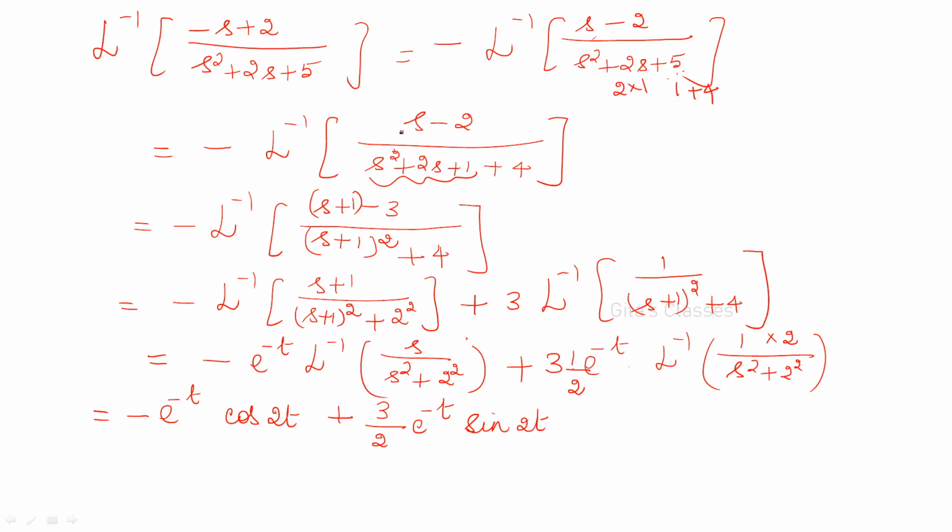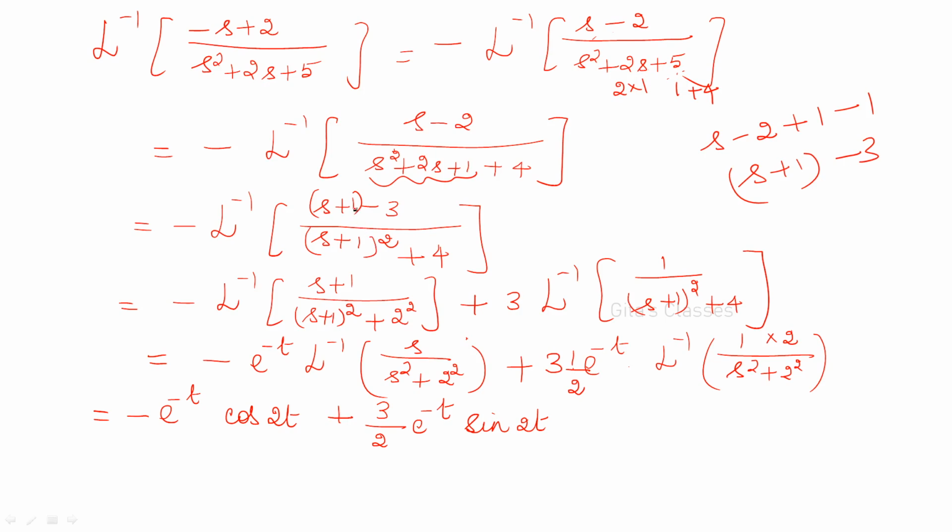And in the numerator also, whatever value is there, you try to write this as a function of s + 1. So s − 2 is there, and I want + 1, so s + 1 − 1. Whatever is required, just add and subtract so that you can simplify. So s + 1 − 3.